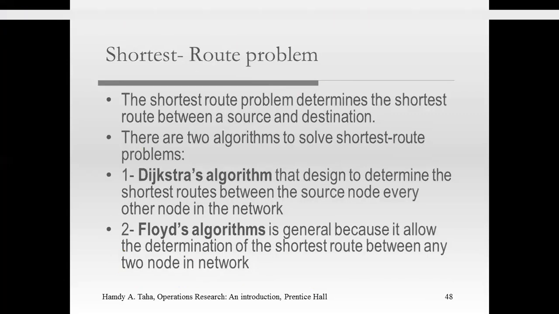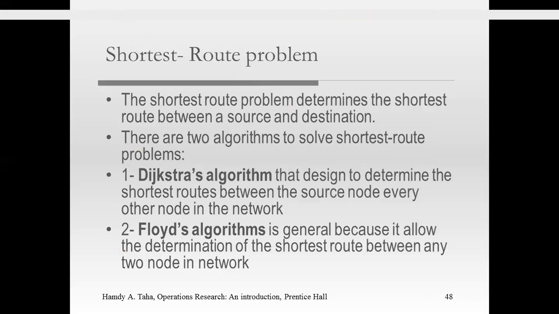Okay, the next is the shortest route problem. This one is easy. The issue is how to find the shortest route from the source to destination. And we have two algorithms to solve this problem. First is Dijkstra algorithm, used to design and determine the shortest route between the source node to every other node in the network.